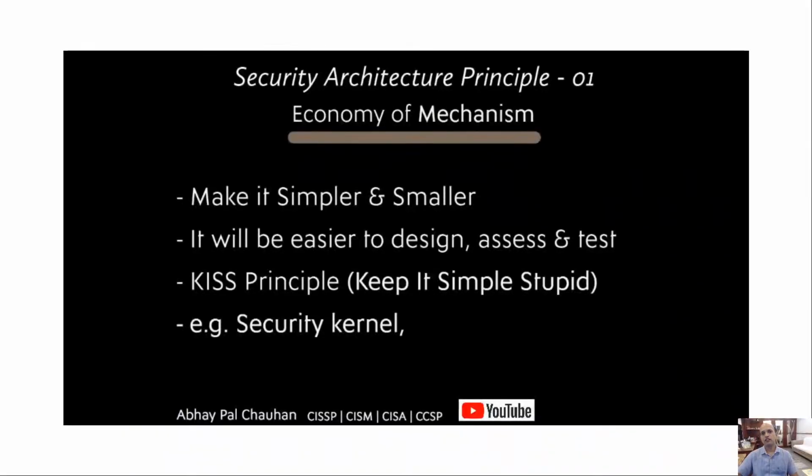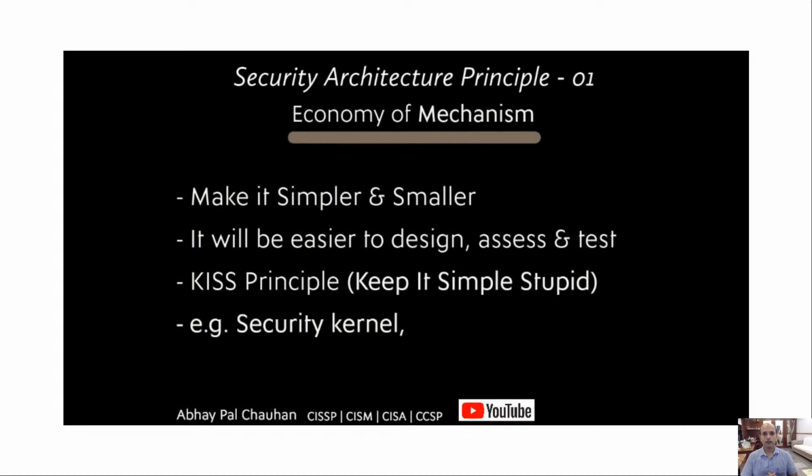As per the very first principle of the Saltzer and Schroeder paper, economy of mechanism, it says make it simple and smaller. If it is simple, it is very easy for other persons to understand, and whenever any security professional wants to test it, assess it, design it further, or redesign it, it is much easier for them to do so.